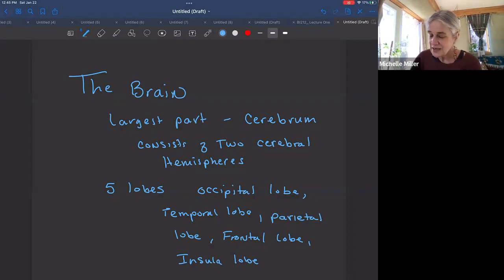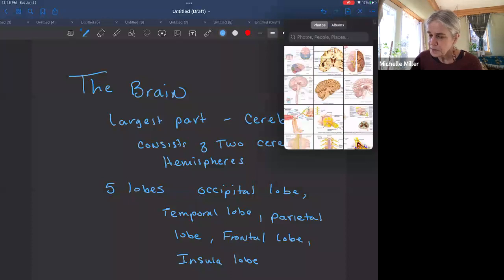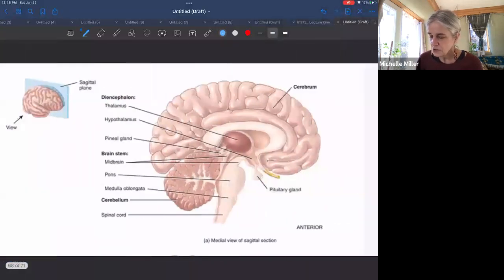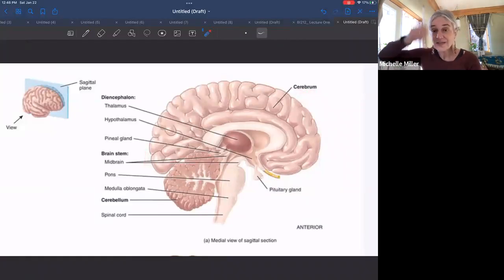Okay, so let's look at a diagram of these lobes. They're most notable because they consist of this convoluted structure. This is my cerebrum right here. This would be the frontal lobe. This is the occipital lobe. This would be the parietal lobe. This is a sagittal section, so we're not seeing the temporal lobes or the insular lobes.